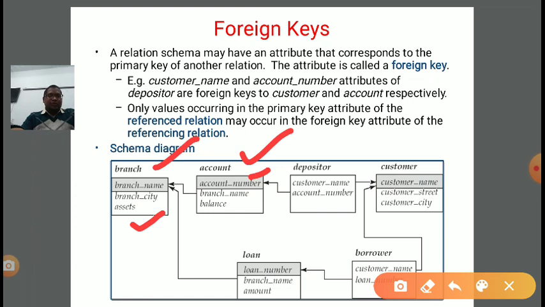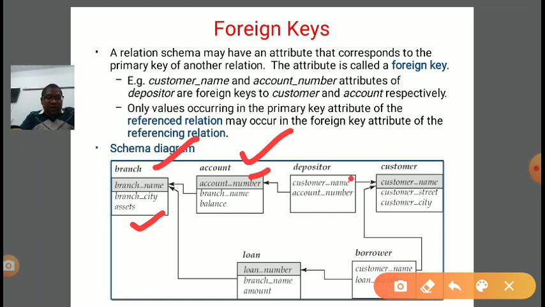Next relation is depositor. In depositor, if you see, there is no primary key, and it doesn't have its own attributes. Whatever attributes are there, customer name and account number, both are the primary key of another table.